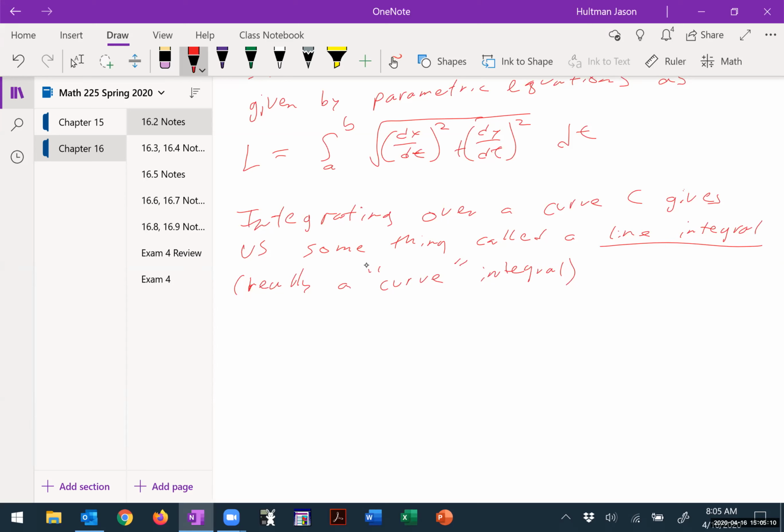They called it a line integral instead of a curve integral, it's fine, because they think about drawing a line on a piece of paper. You could draw a curved line, I suppose. You could curve that line. So anyway, just think about it as a curve, a two-dimensional curve, two dims, right?